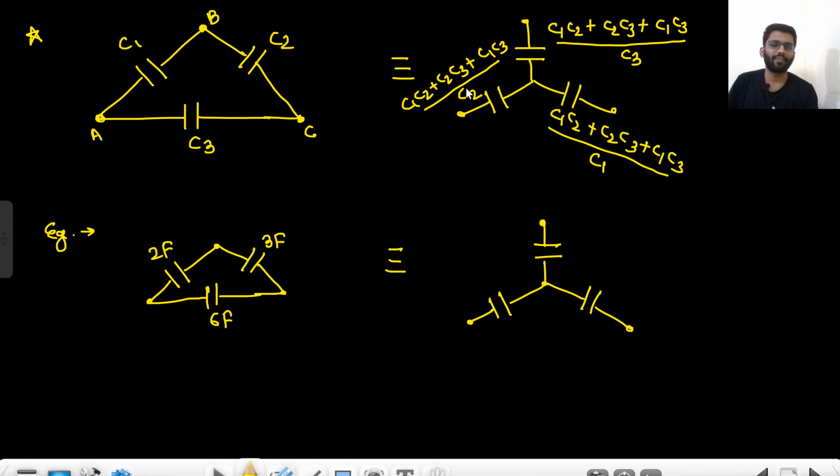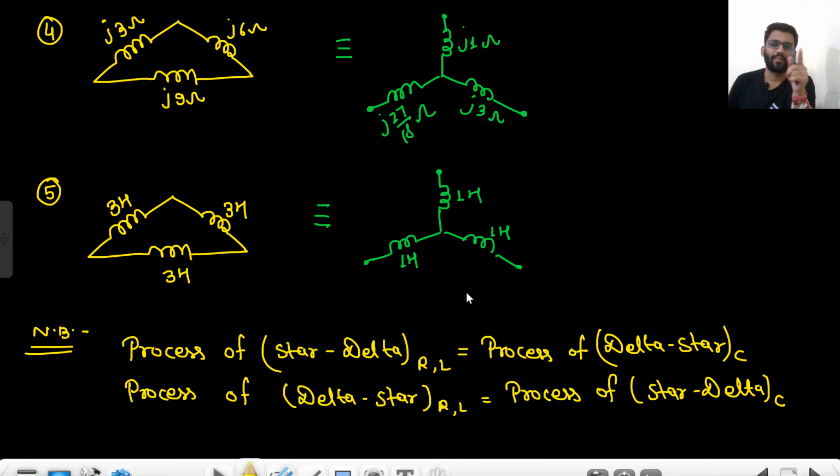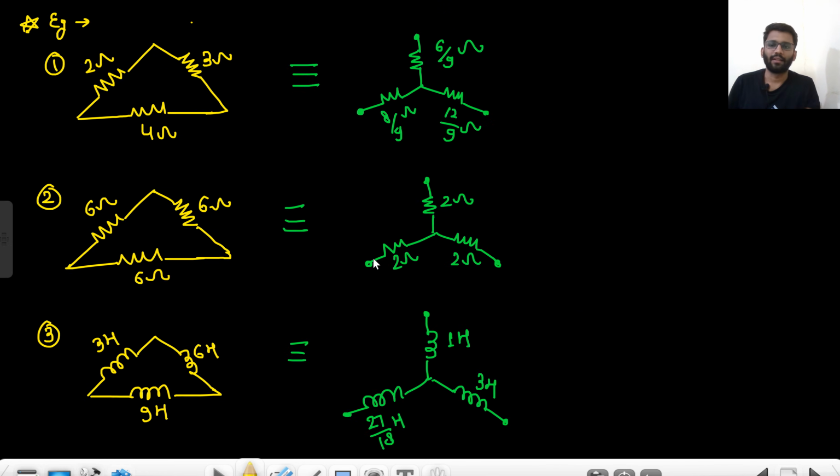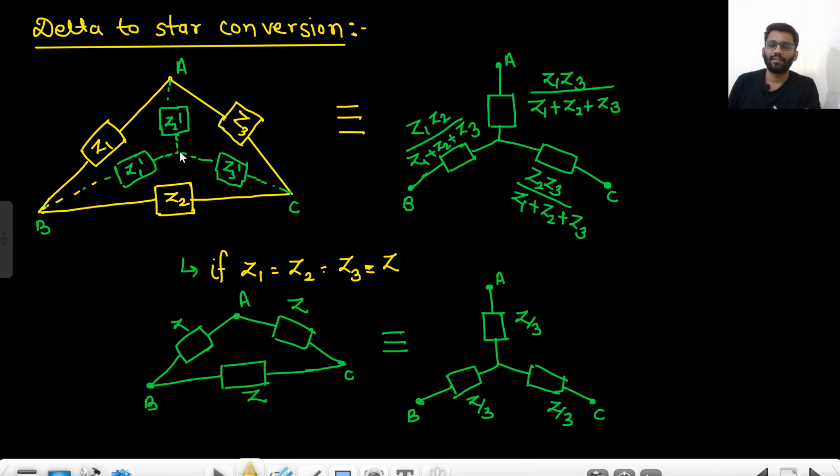And this formula is not that tough to remember, because there is symmetry around it. Only two things you need to remember. This formula: Z1 Z2 plus Z2 Z3 plus Z3 Z1 upon the opposite impedance, and this formula: the multiplication of two impedances, Z1 Z3, upon addition of all the impedances.